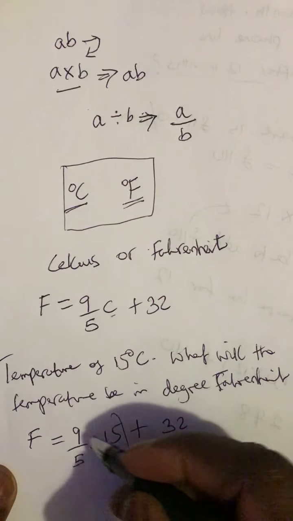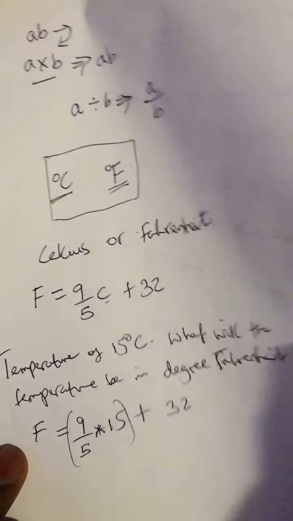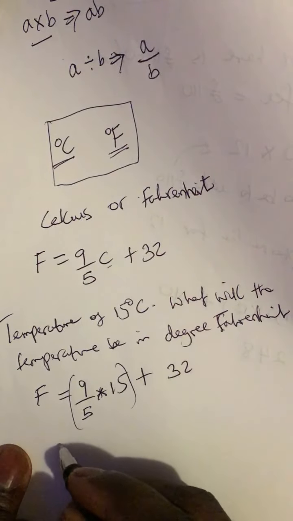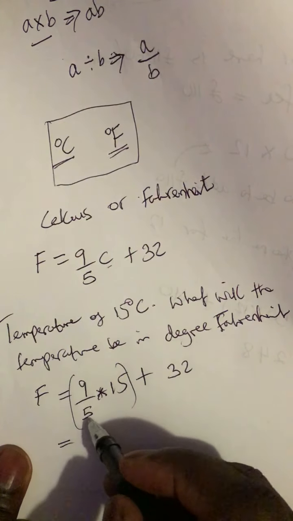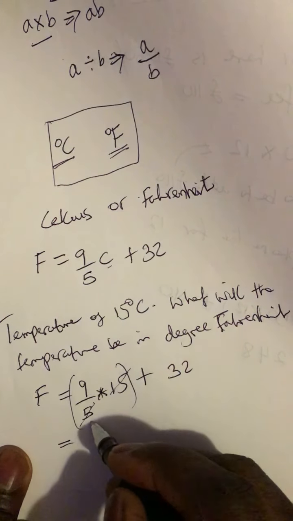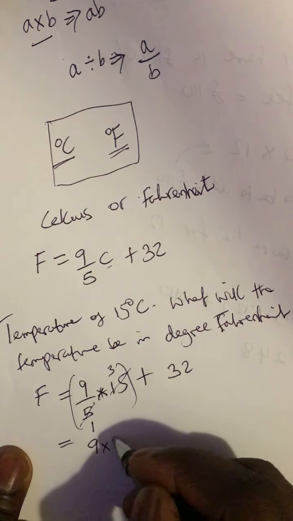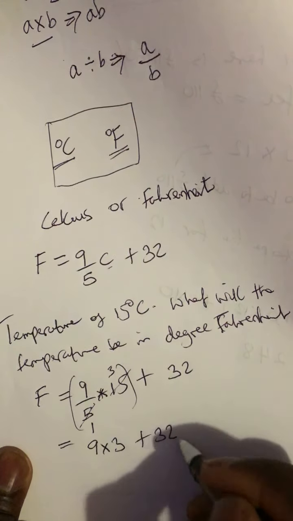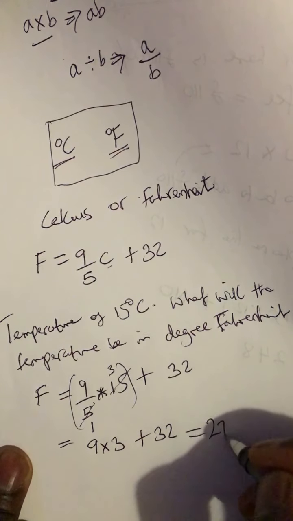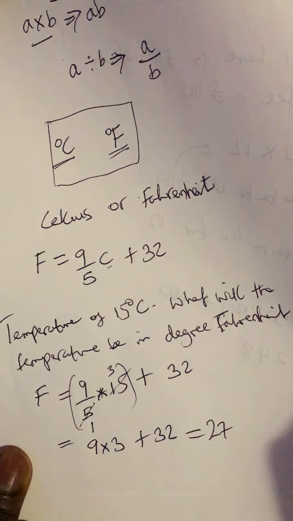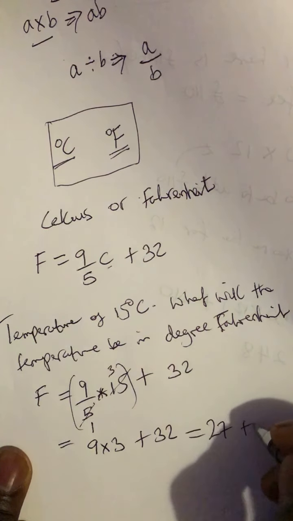So remember, it's like this. If we do this math, we divide this by this. This one will give us 1, and this will give us 3. So we now have 9 times 3 plus 32, which is 27 plus 32.